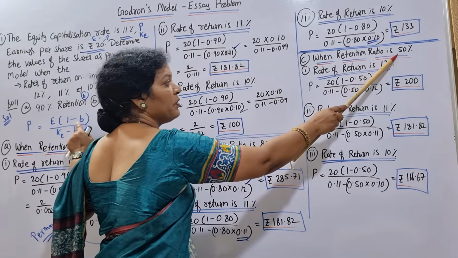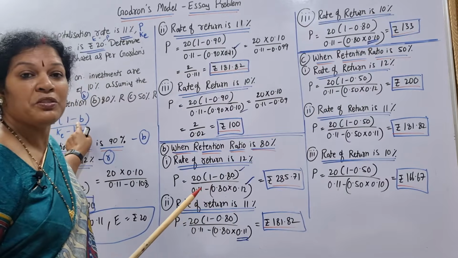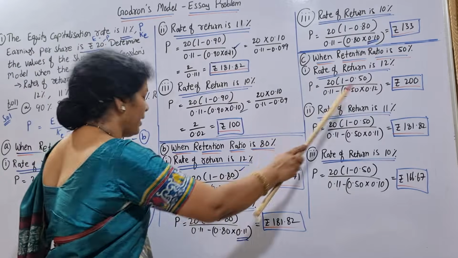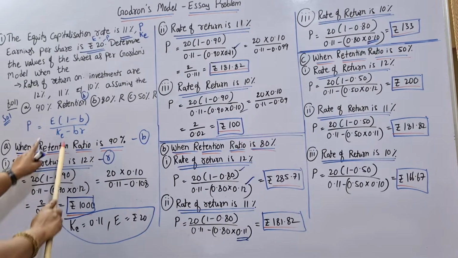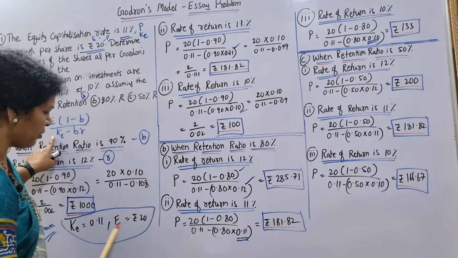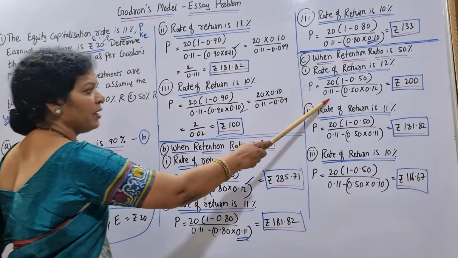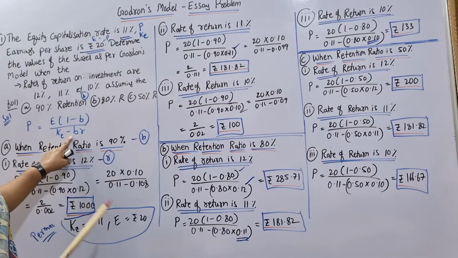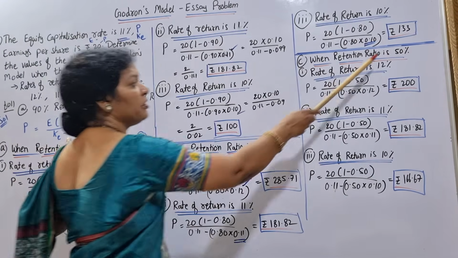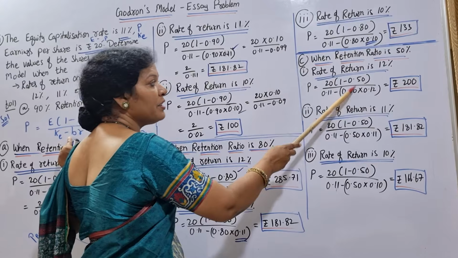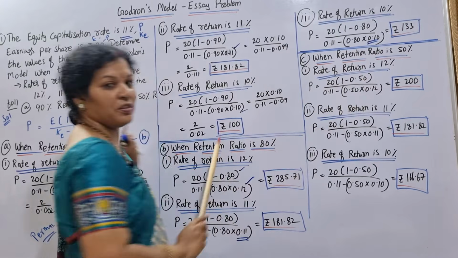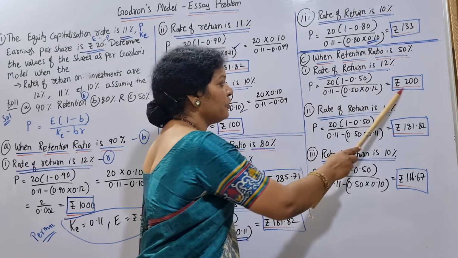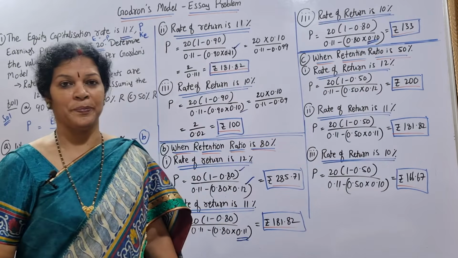Retention ratio here is 50%, which means 0.50; I have written 0.50. Divided by cost of capital, which is also permanent, 0.11 I have written. Minus what else? B into R. B is retention, 50%. R is rate of return, 12%. So if we do the calculation, you are getting 200 rupees.